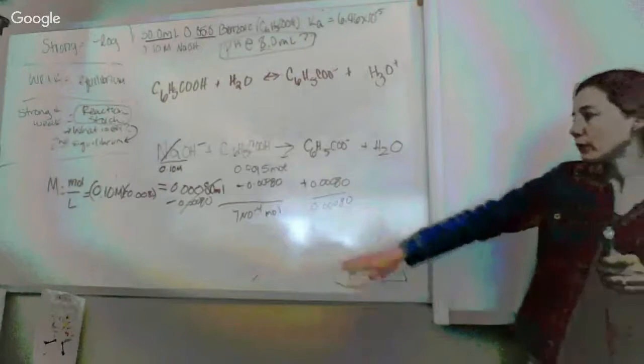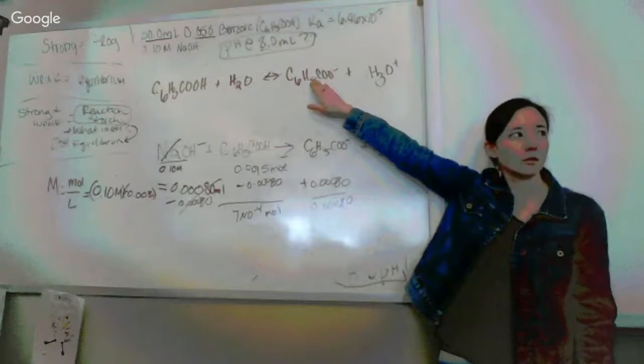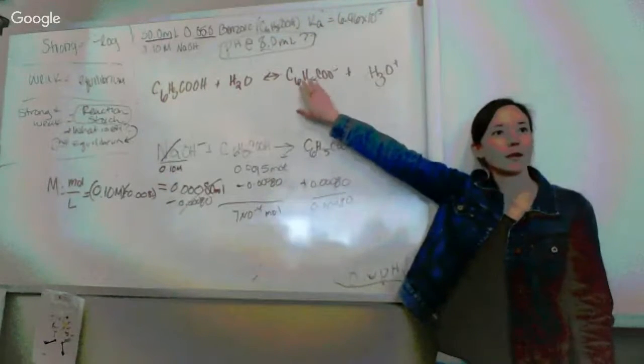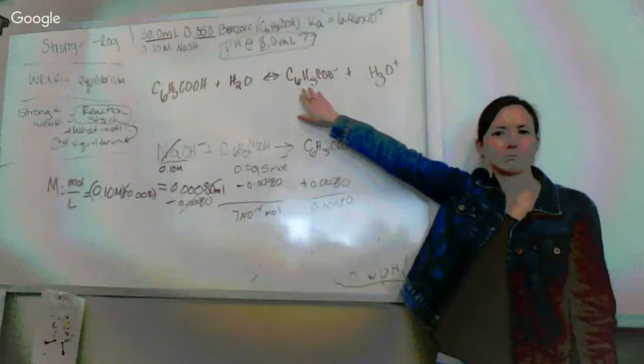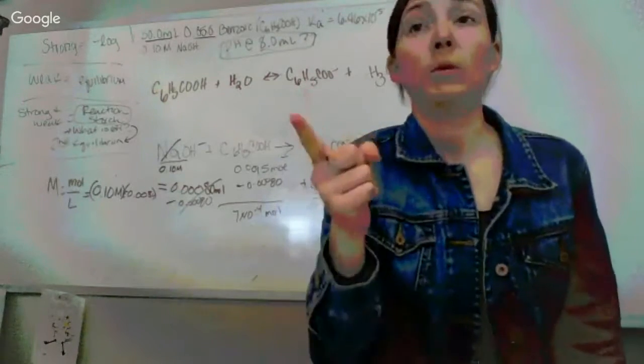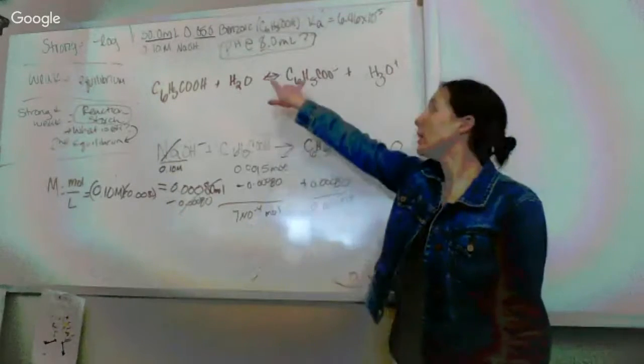Do you see how I went from this reaction to that reaction? How did this help me figure out how to write this? Because it told me what was left over. Fantastic. And from what was left over, then I wrote my equation.